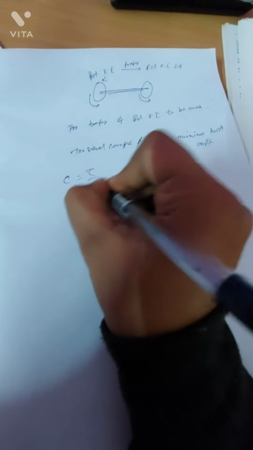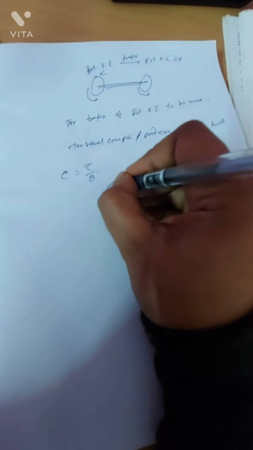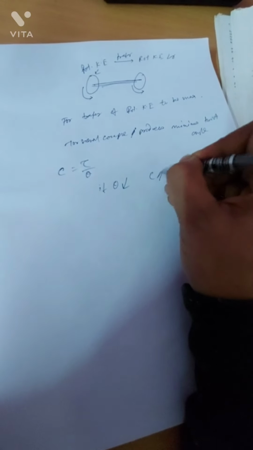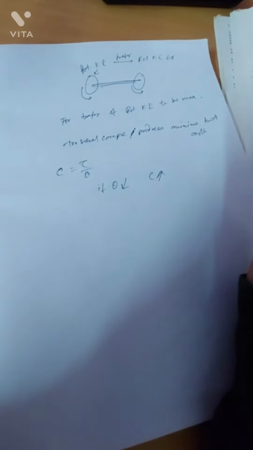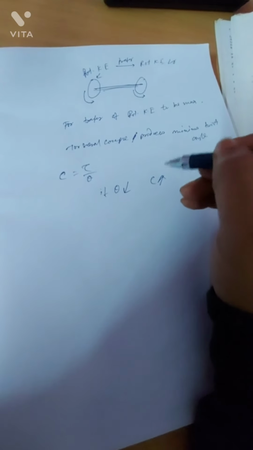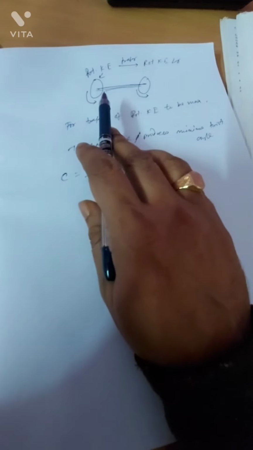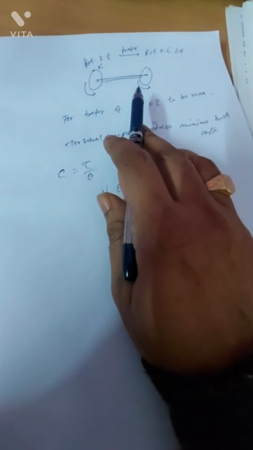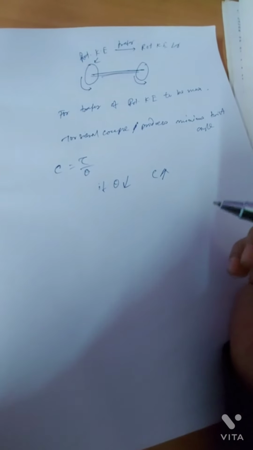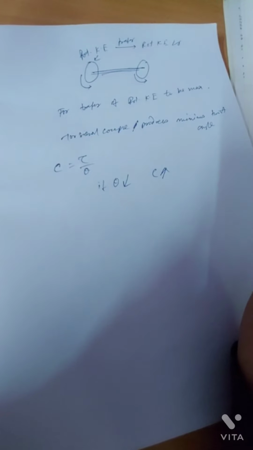As C is given by tau by theta, if theta is less, C is more for the same torque. If theta is less, then the kinetic energy transfer will be maximum. Otherwise, the kinetic energy applied here will be used up in twisting the cylinder, and hence the transfer of kinetic energy will be less.